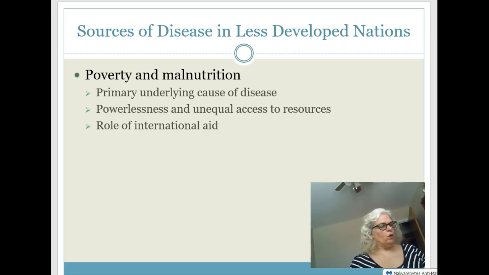International aid has worked with less developed countries, especially to address their health status and educate families, but we still go back to diets that may not be in the right order, or the lack of access of food, plus the warring conditions of a country may exacerbate the issues of poverty and malnutrition.